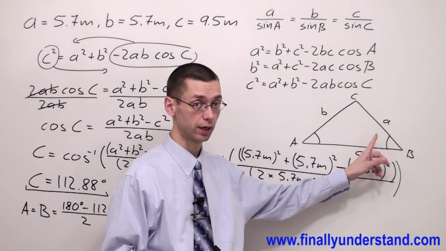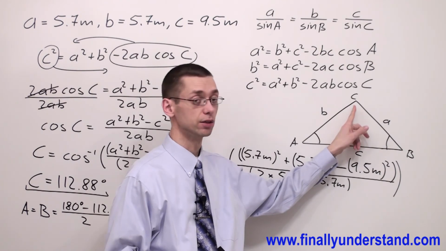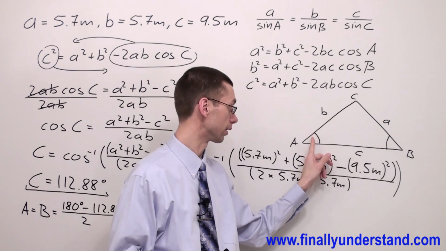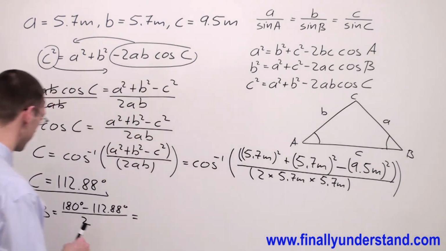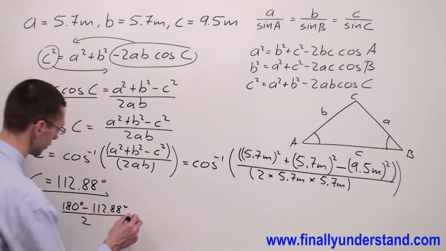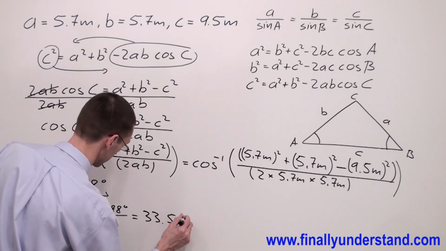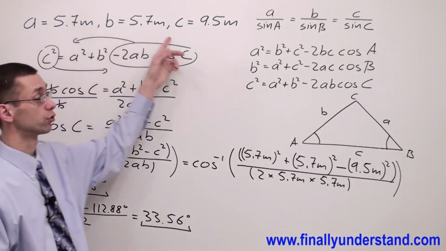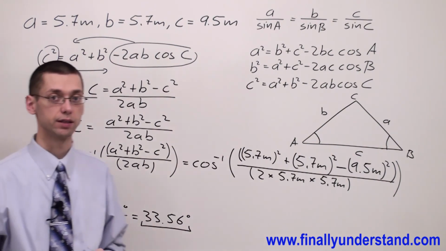If I subtract angle C from 180 degrees and divide the result by 2, I'm going to get angle A and angle B. So I'm supposed to obtain the value of 33.56 degrees. Okay, so we were given 3 sides, we have found 3 angles, so we can say that the problem is solved.